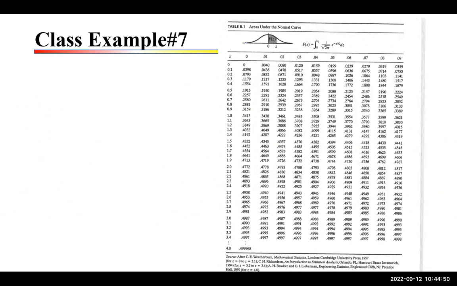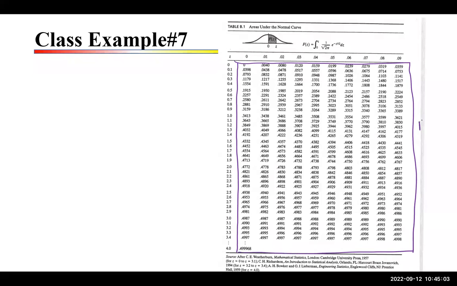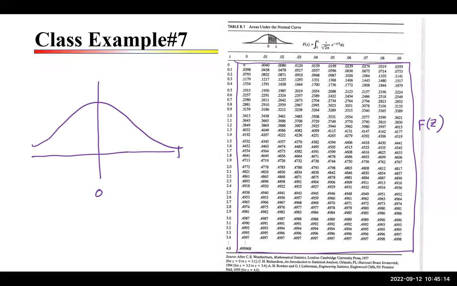So this is the table. Are you seeing that bell-shaped curve? All these values here are actually FZ. If I draw that, this is 0, and the highest number is 0.5. The lowest number is 0, the highest number is 0.499965, which equals 0.5, right?